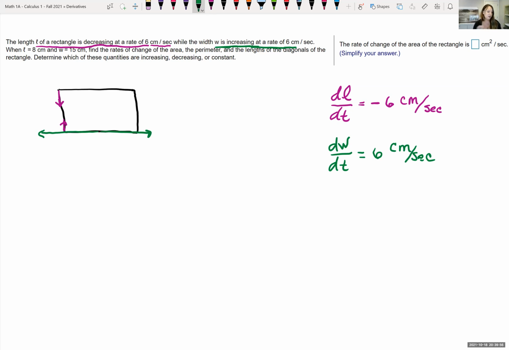Okay, so we are looking at the rate of change of our area, the perimeter, and the length of the diagonal of the rectangle. So there's a couple different things going on here. So let's look first at the perimeter. We need to think about the perimeter of a rectangle, and we know that's twice the length plus twice the width.